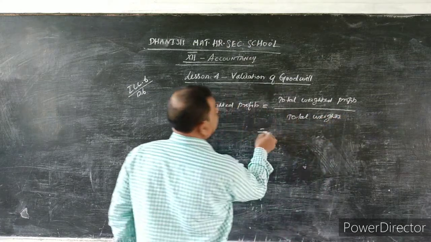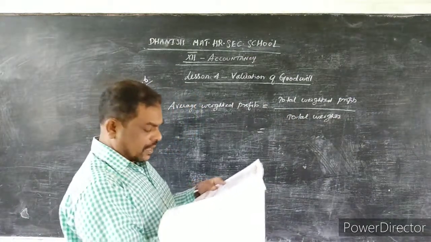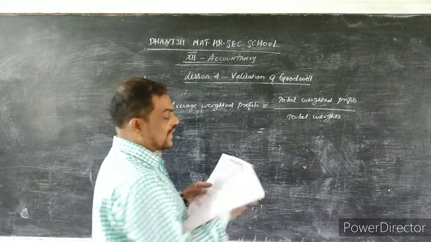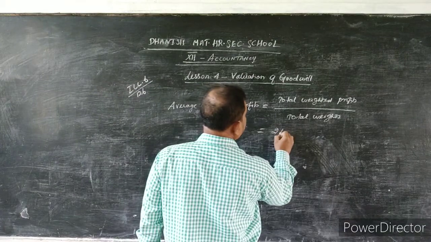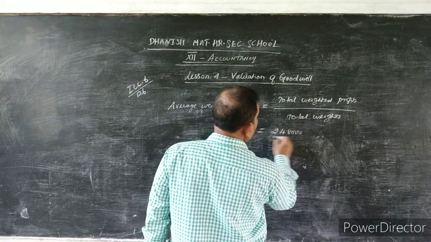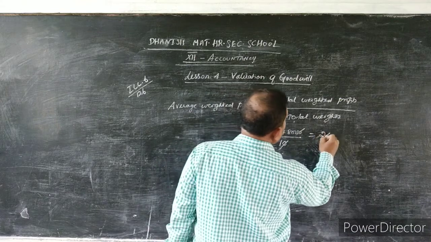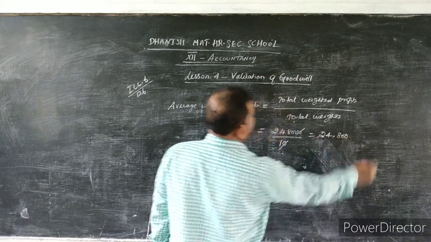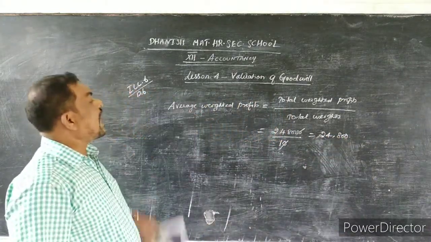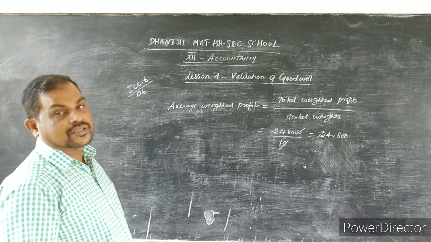What is the total weighted profit? The total weighted profit is rupees 2,48,000 divided by total weight, 10. So the zero will be cancelled. Rupees 24,800 is the average weighted profit.